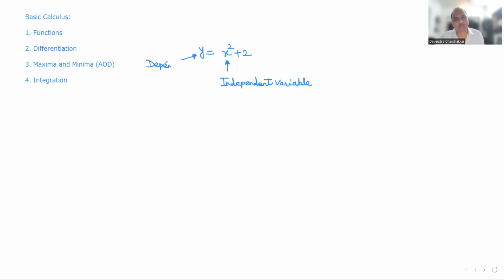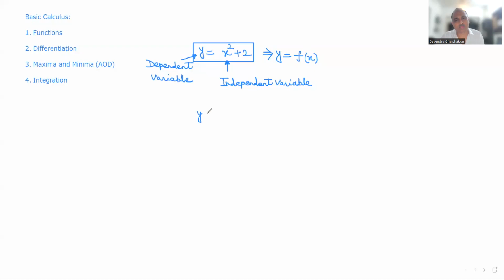And this is a dependent variable. So y is equal to x square plus 2 has a dependent and an independent variable, right? So in short, we can write y as some function of x. It's not precise which type of function, but it is some function of x.